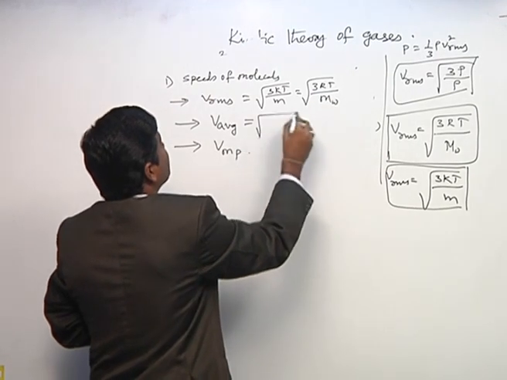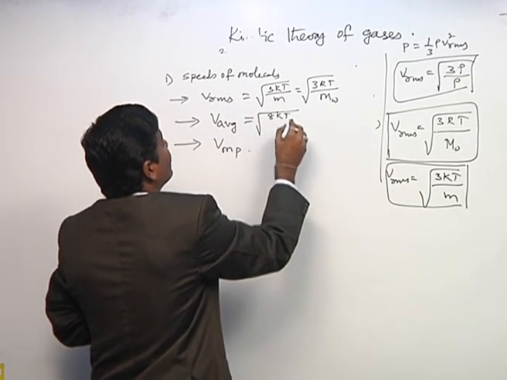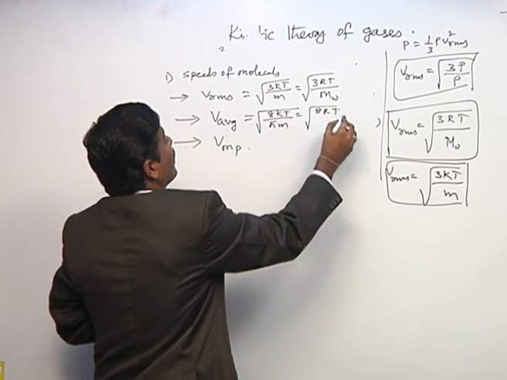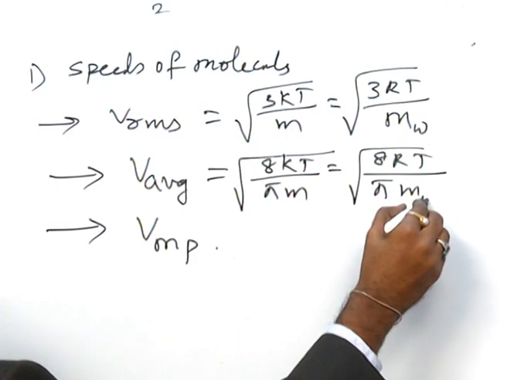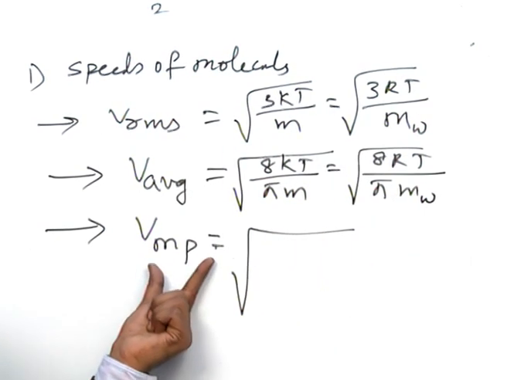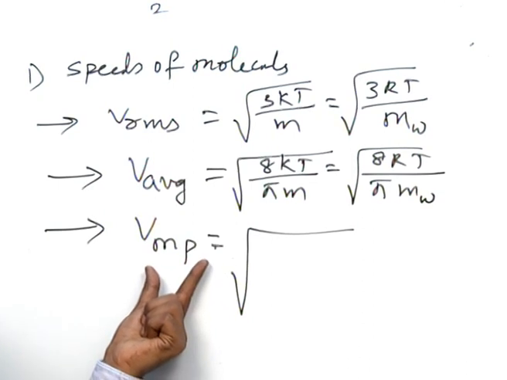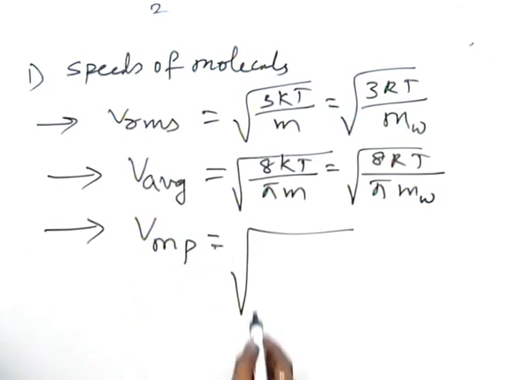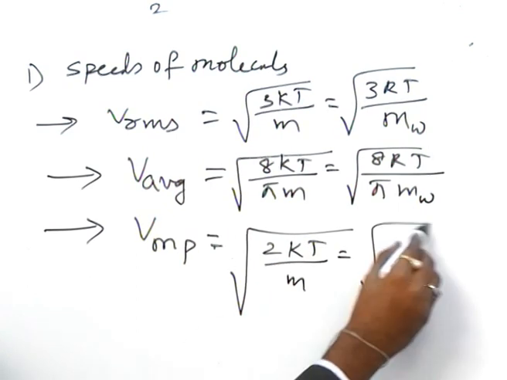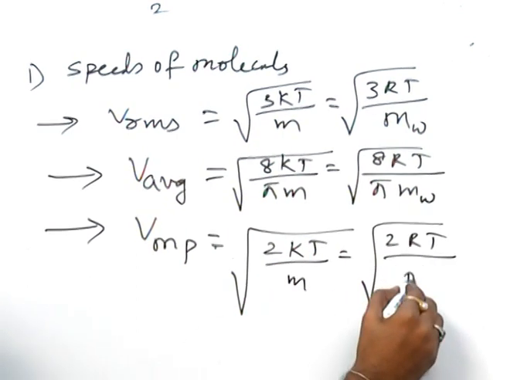Average speed will be the square root of 8kT by pi m, which can be 8RT by pi M. Here the most probable speed is the speed that the largest number of molecules possess, and that we call the most probable speed. This will be the square root of 2kT by m here, which can be 2RT by M here.